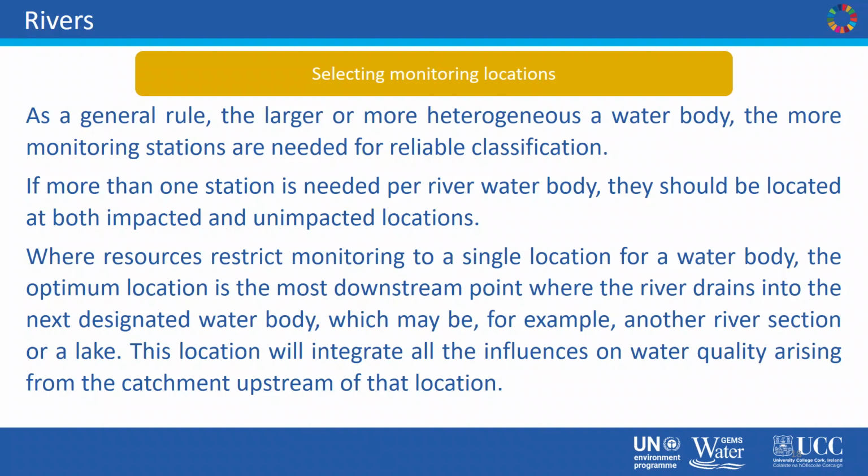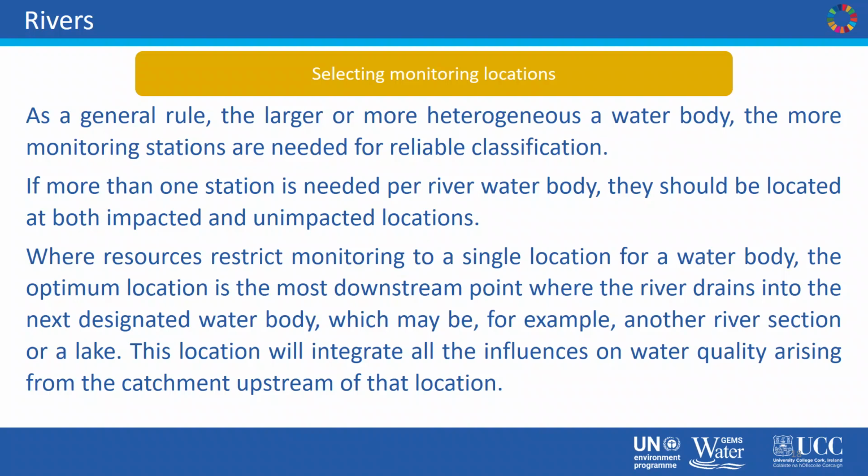So if more than one station is needed per river water body, they should be located at both impacted and unimpacted locations. If they are just one type, so if all the monitoring stations are unimpacted locations, that may then result in a classification which doesn't reflect the true reality of that water body.